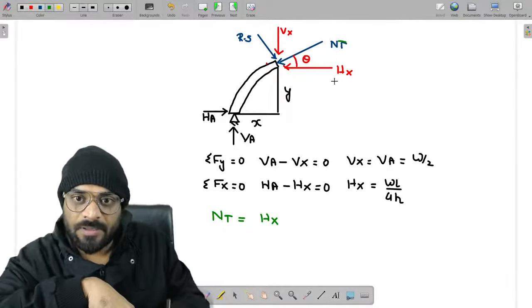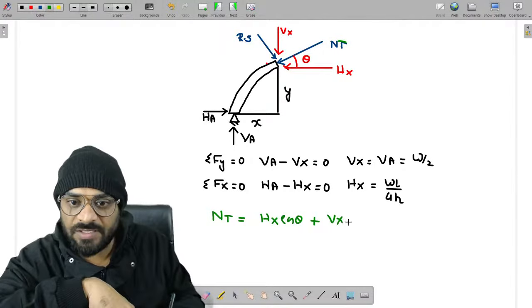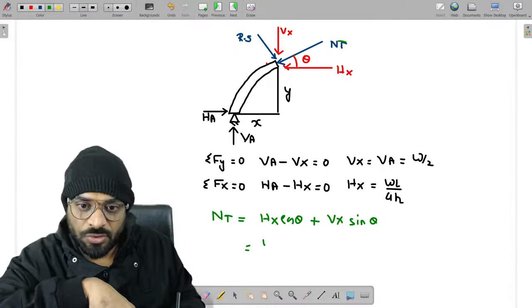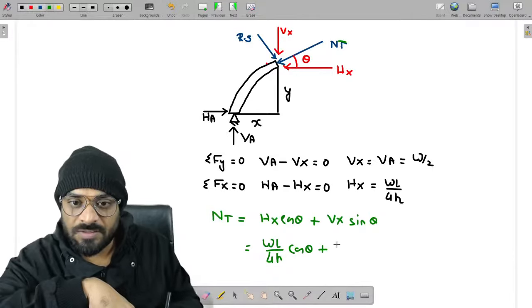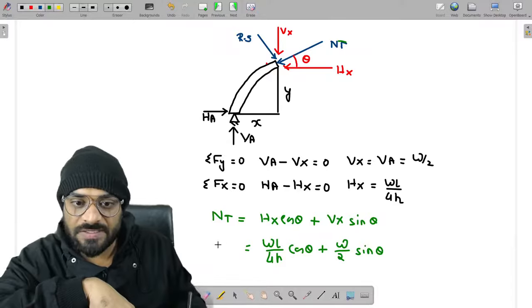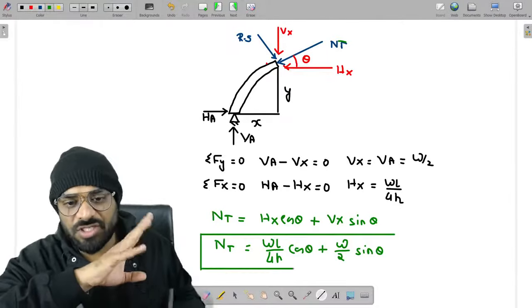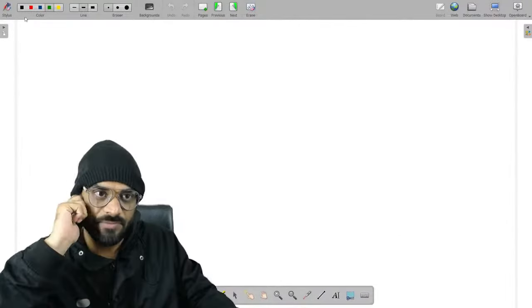So guys, Hx cos theta is positive plus Vx sin theta is also positive. Now put the value to get the result. So WL by 4H cos theta plus W by 2 sin theta, and this is our normal thrust at that location. Getting a point? Now the question is, what is the value of theta? That we will discuss after this particular calculation.